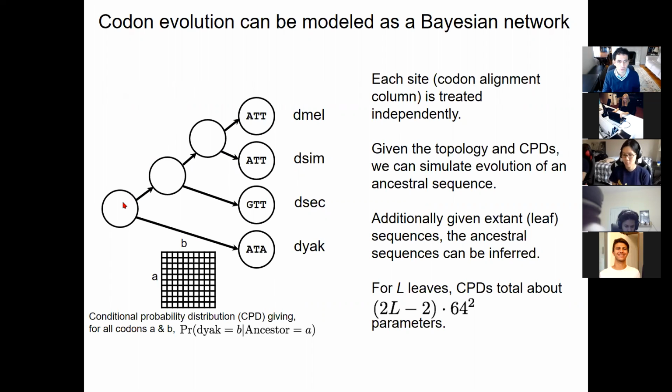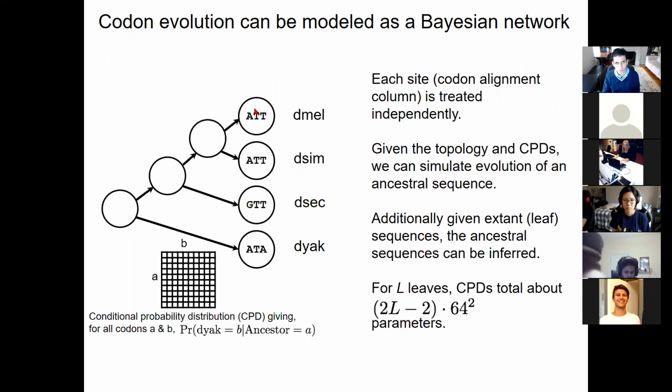We're basically going to model evolution as happening along a phylogeny, with ancestral sites changing progressively into different sequences, and ultimately giving rise to the observations we have. We have, of course, only observations for the present day species. We don't have observations for these ancestral species, so we're going to have to be integrating over their possible values.